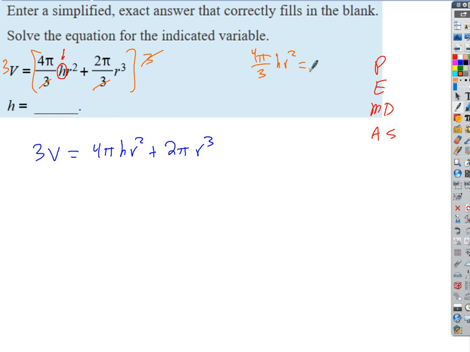When you're multiplying a fraction by something, that automatically goes to the numerator, because really, we could think of that hr squared as being over 1. Sometimes it's good to make each term one big fraction. That can make things quite a bit easier. So that would become just 4 pi hr squared over 3. We're not doing it that way this time, but maybe we'll come back and look at it that way also. So we did a little simplifying.